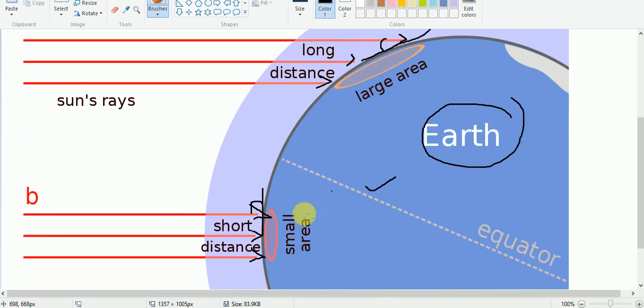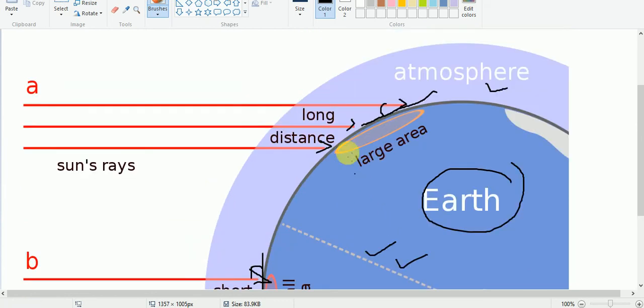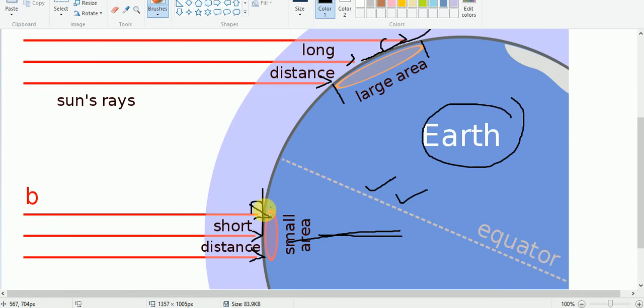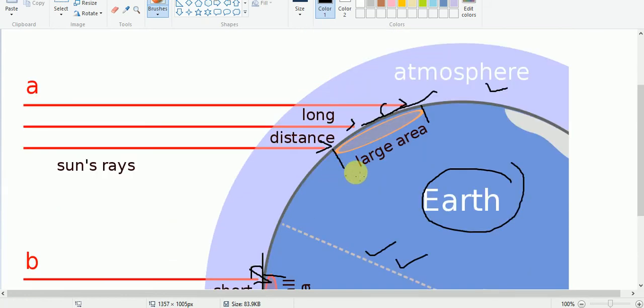Actually, I am talking about the thermal equator. So this is the real equator, and this is the thermal equator. We know that inclined rays cover a larger area as compared to vertical rays, and hence in the case of inclined rays, the heat is distributed over a greater area, and that is why we feel cold.